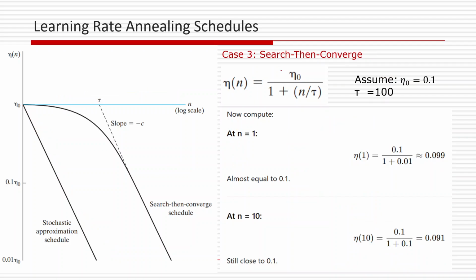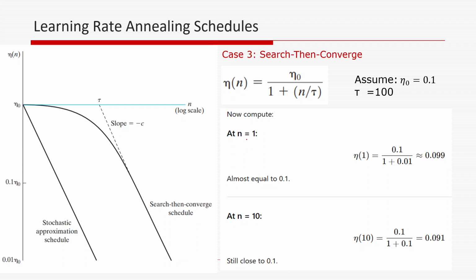Next is search then converge. The search then converge learning rate update is by η(n) = η0 divided by 1 plus n by τ. But τ is also a constant. We'll assume τ is equal to 100 and η0 equal to 0.1.